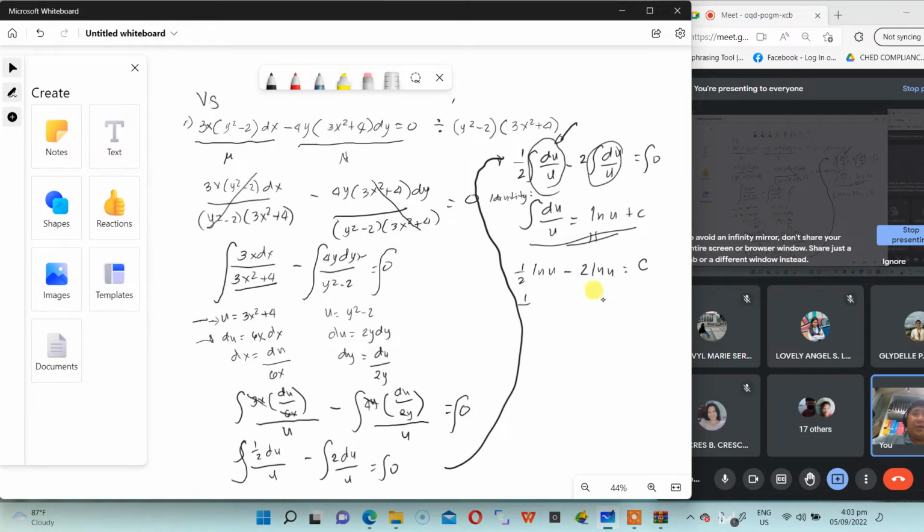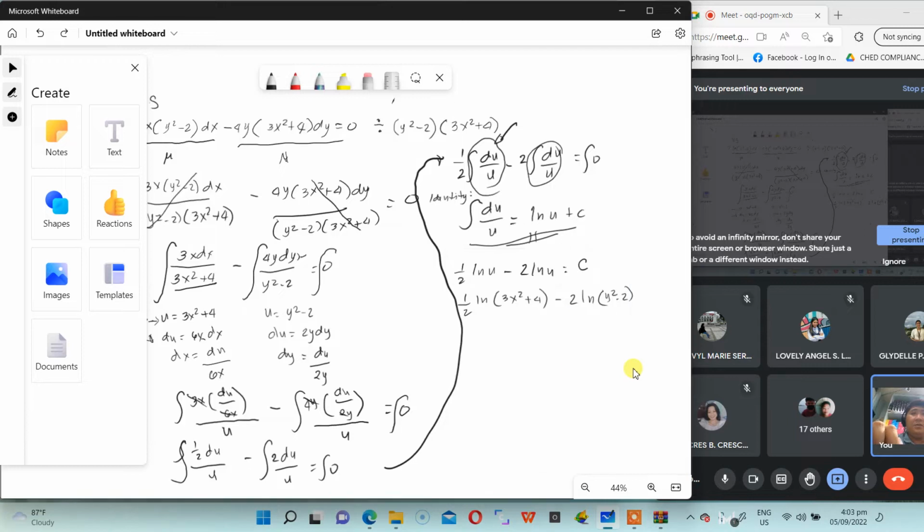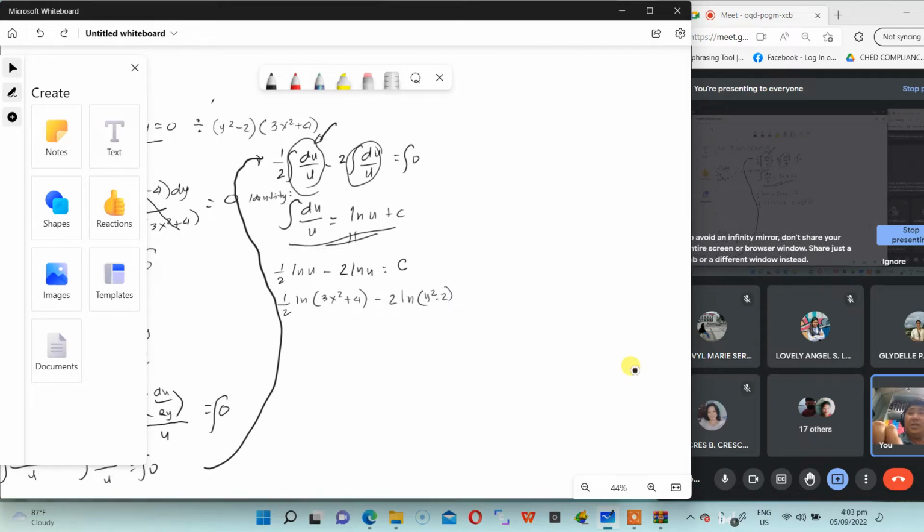Therefore, you have 1/2 ln of 3x squared plus 4 minus 2 ln of y squared minus 2 equals C.